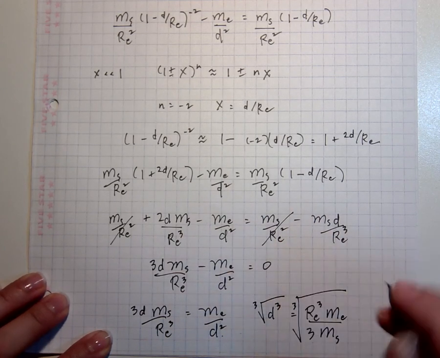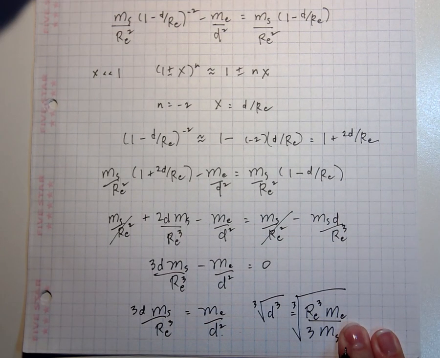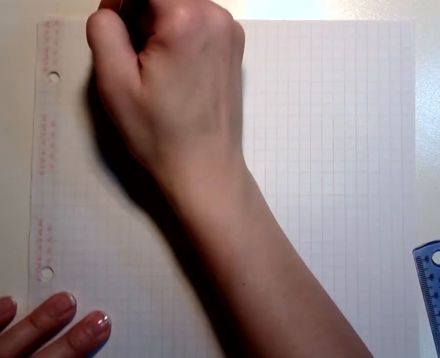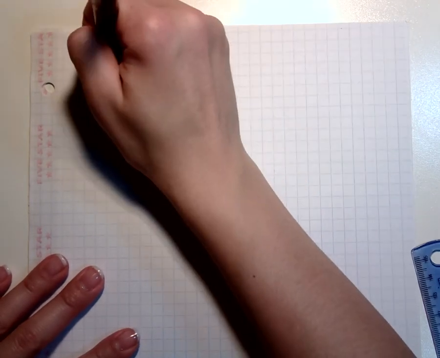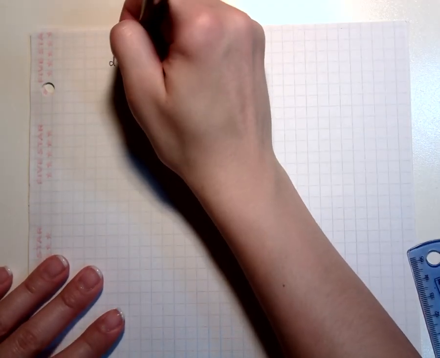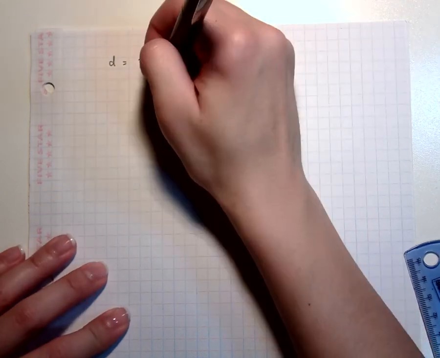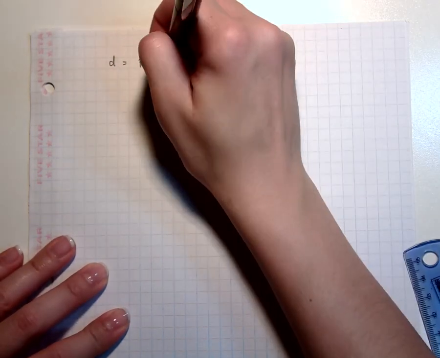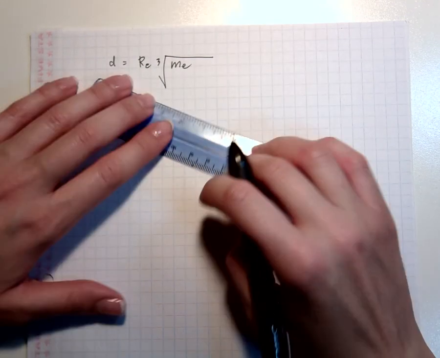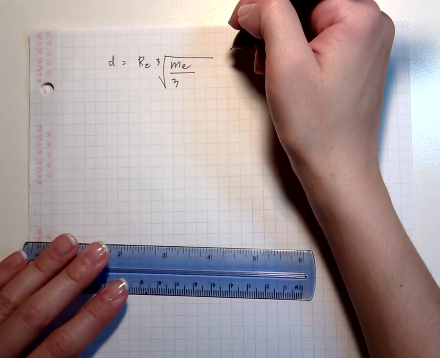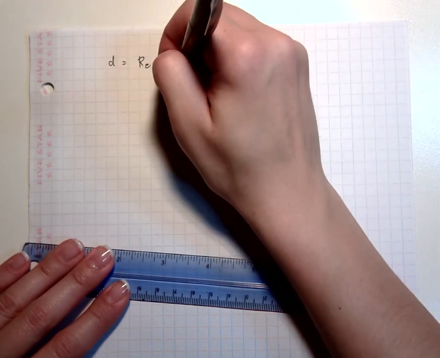And what we're going to get is d is equal to, well, cube root of r sub e cubed is just r sub e. And all of that times the cube root of the mass of the Earth divided by 3 times the mass of the sun.